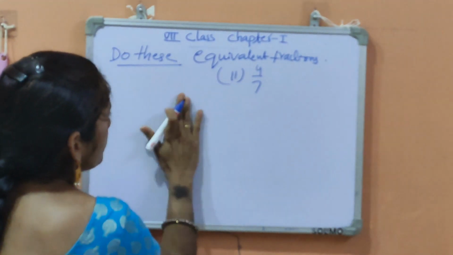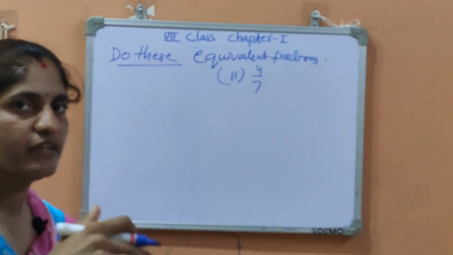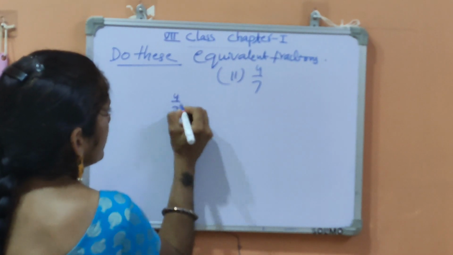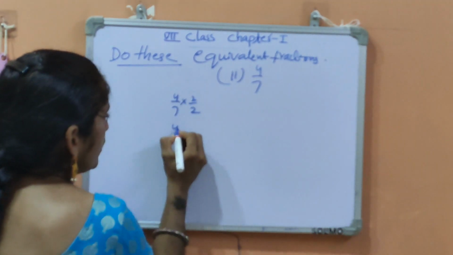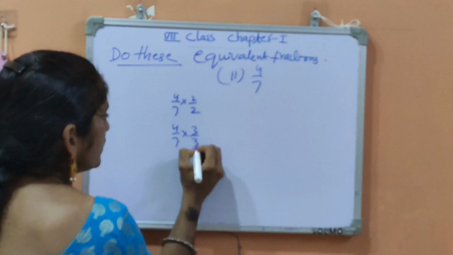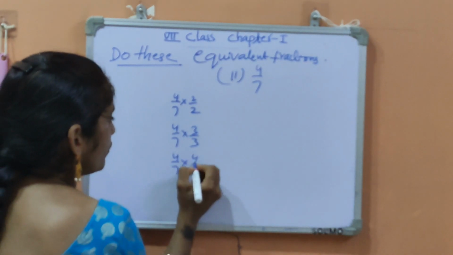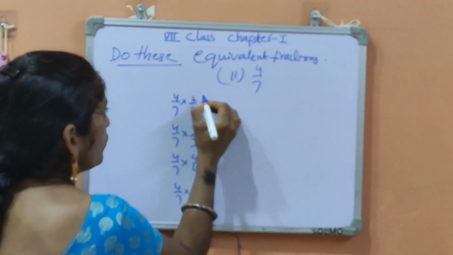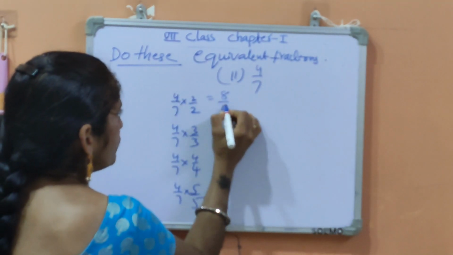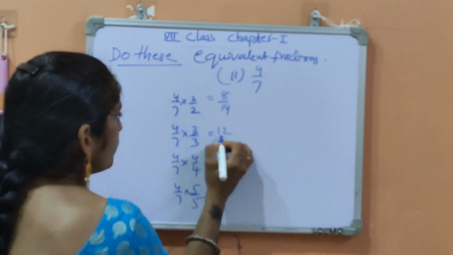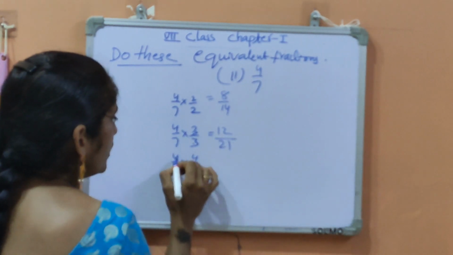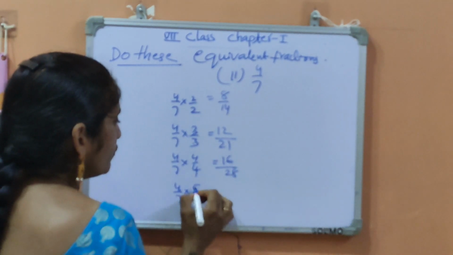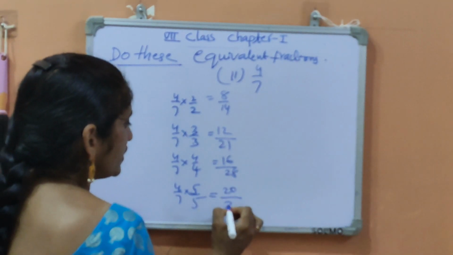We are going to multiply numerator and denominator with 2, 3, 4, 5, 6, like this. So 4 by 7 into 2 by 2, 4 by 7 into 3 by 3, 4 by 7 into 4 by 4, 4 by 7 into 5 by 5. 4 2s are 8 by 7 2s are 14, 4 3s are 12 by 7 3s are 21, 4 4s are 16 by 7 4s are 28, 4 5s are 20 by 7 5s are 35.